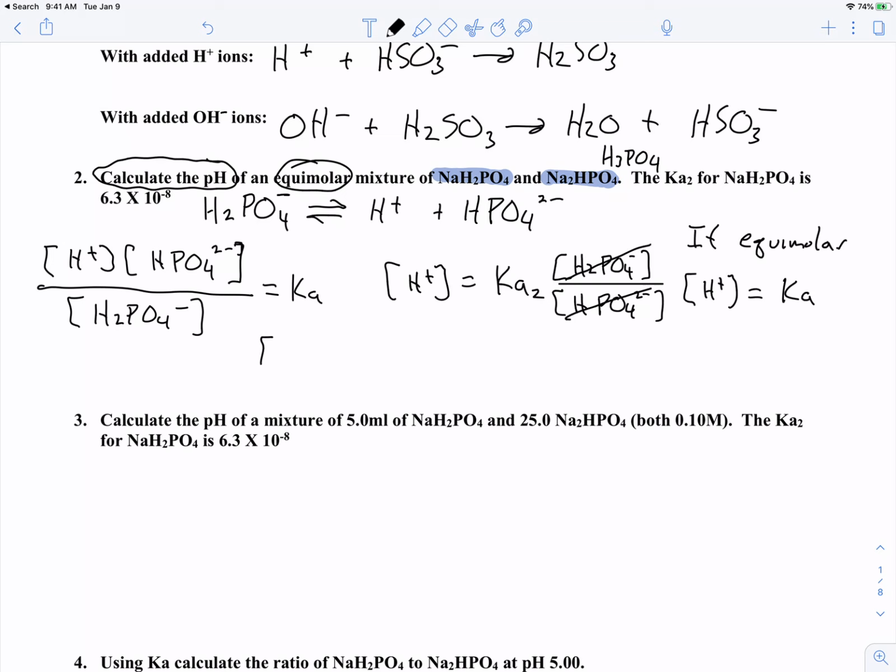So the hydrogen ion concentration will equal 6.3 times 10 to the minus 8th. And that gives us a pH of 7.20. That's 2 sig figs.